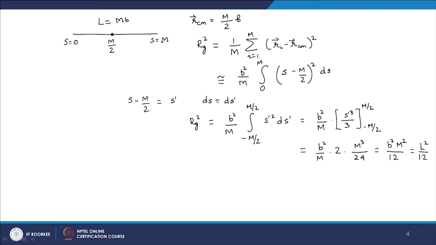So, the purpose of this was simply to demonstrate how we go ahead and calculate the radius of gyration for different kinds of shape. You can try the examples for, say, discs, cylinders and so on, and that will give you an understanding of how the volume occupied by objects changes as a function of the geometric variables that you have.